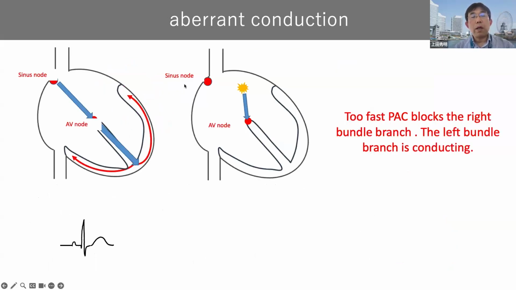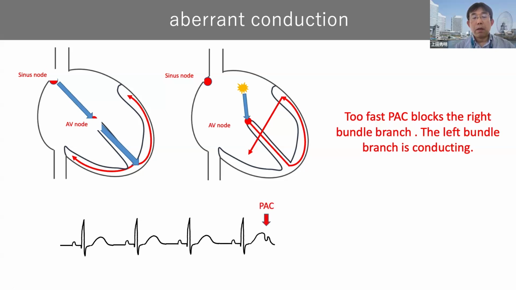So here I would like to show a picture of the aberrant conduction. If a too-fast PAC happens, it blocks the right bundle branch, so the left bundle branch is conducted. So the PAC would happen, but the QRS is an abnormal pattern, so it looks like a PVC here.